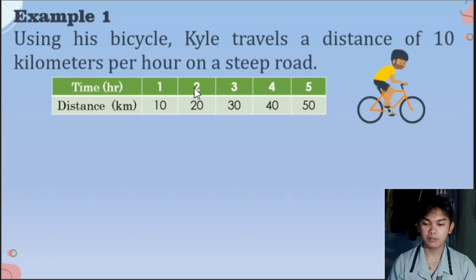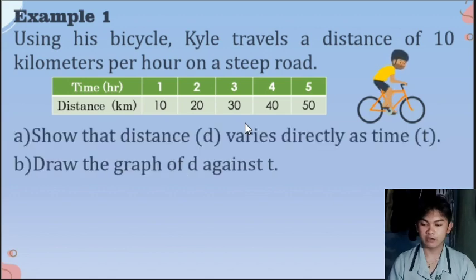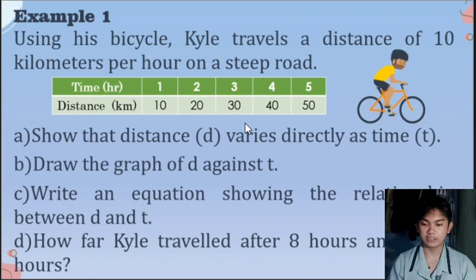When time is equal to 2, the distance is equal to 20. When time is 3, the distance is 30, and so on and so forth. So we have here 4 tasks or questions. The first question is, show that distance d varies directly as time.